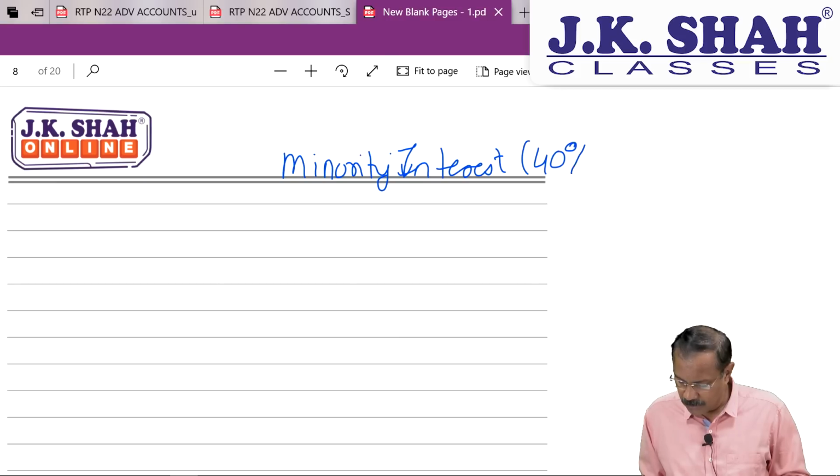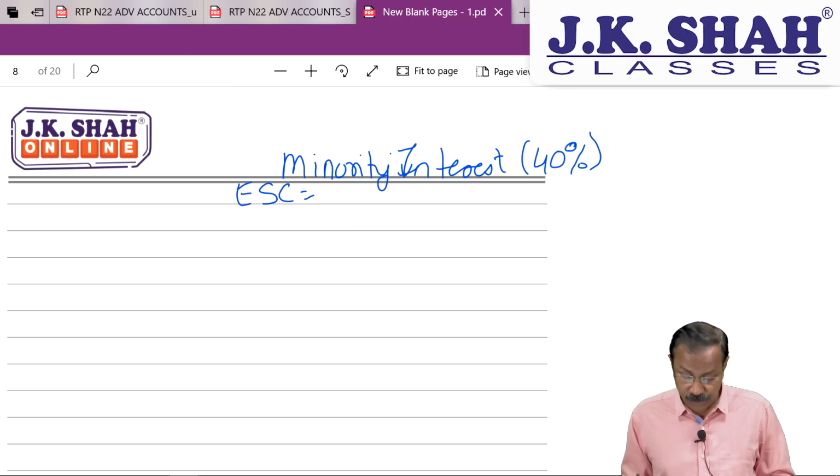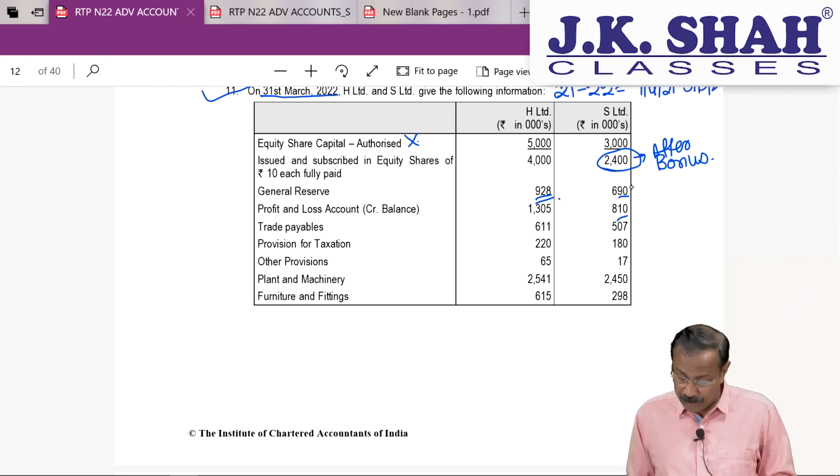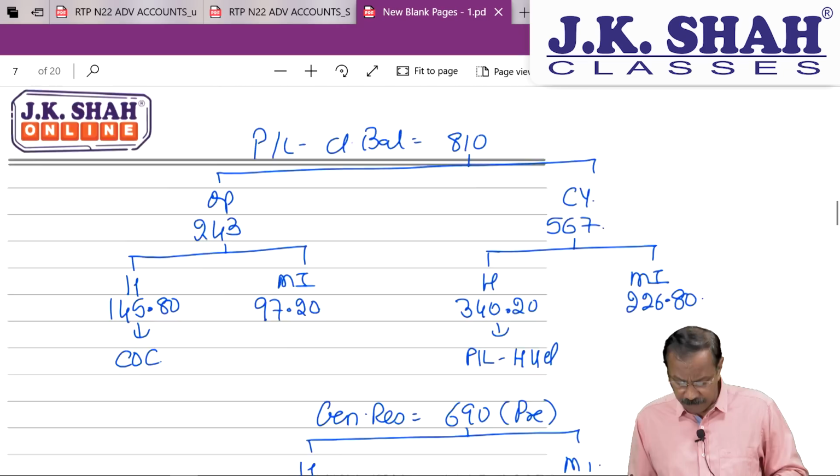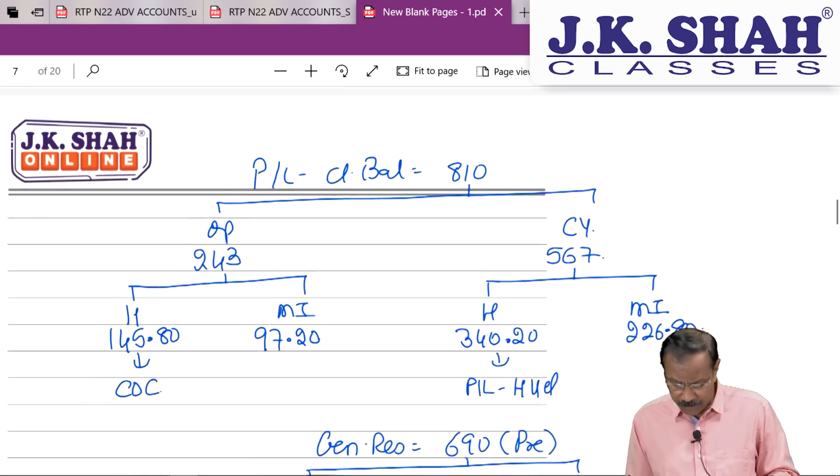So if I just prepare the minority interest also. How much stake? 40%. First, equity share capital. What was the capital of the subsidiary company? 2,400 into 40%. So that's 960. P&L, general reserve. We have prepared a working note at the top analysis.